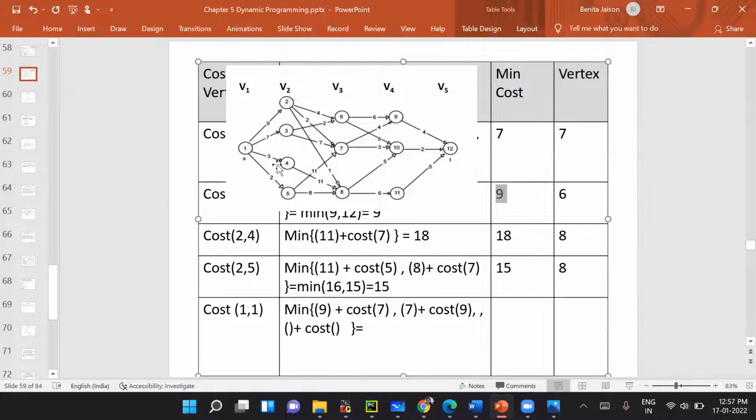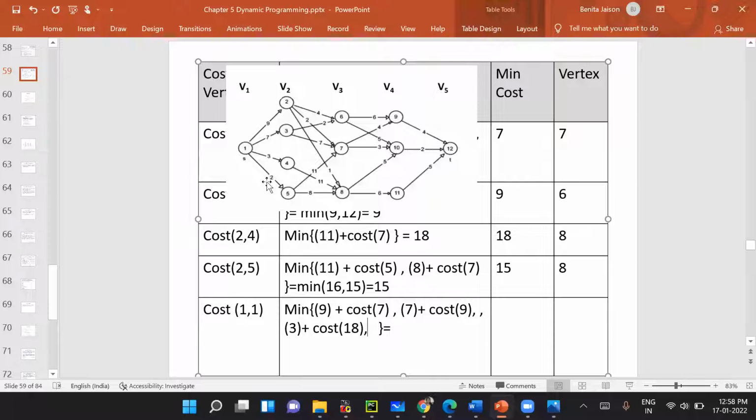Now the third edge is towards vertex 4. From 1 to 4 the edge cost is 3. What is the cost of vertex 4? From the table you can see it is 18. One more is there, right?